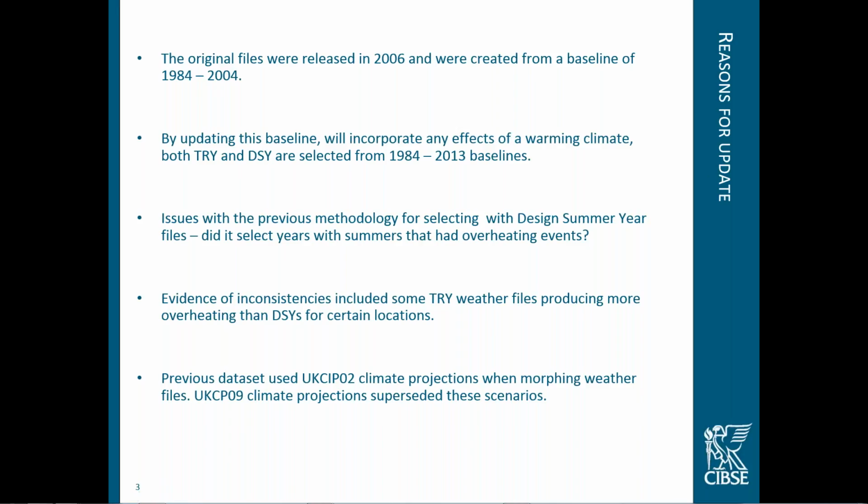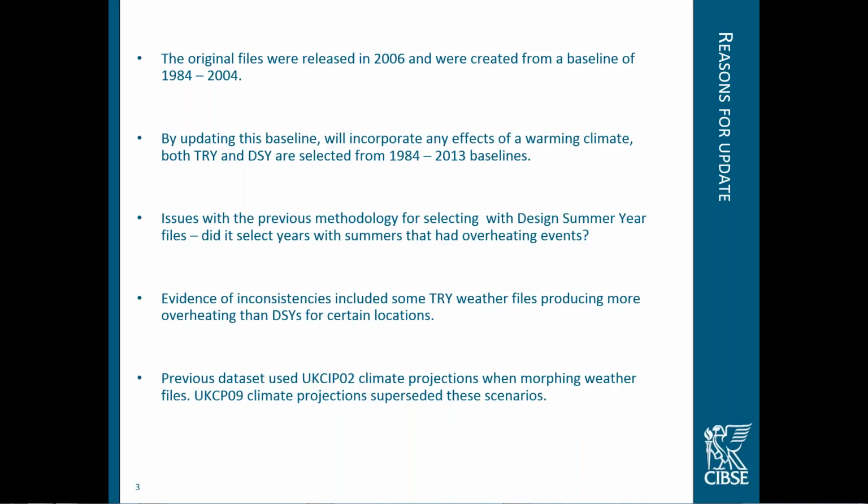So what were the issues with the previous design summer years? There were issues with the previous methodology for selecting them, and it could be argued that it didn't select years with summers that had overheating events. So when you come to an overheating assessment, you're not really using the data that you would want to be using. And there was other evidence of inconsistencies, with the test reference year weather files producing more overheating than design summer years for certain locations, which completely defeats the object of having two different sets of files for different types of analysis.